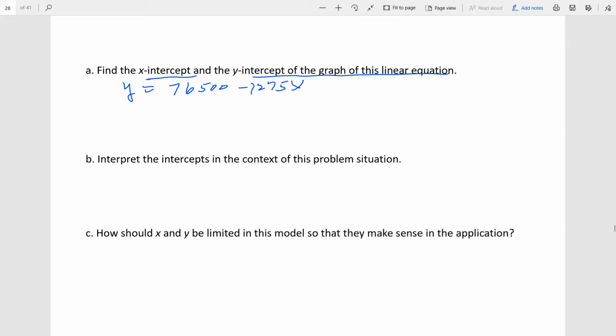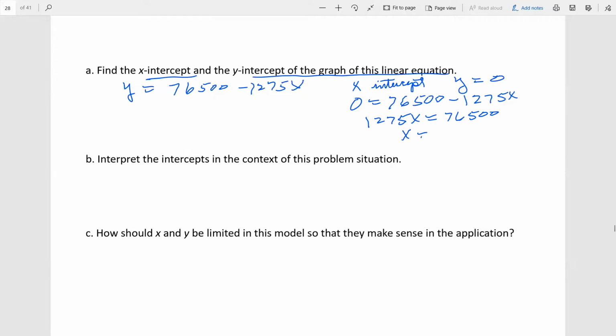The x-intercept, we set y equals 0, and we get 0 equals 76,500 minus 1275x, and add 1275x to each side, and we get 1275x equals 76,500.